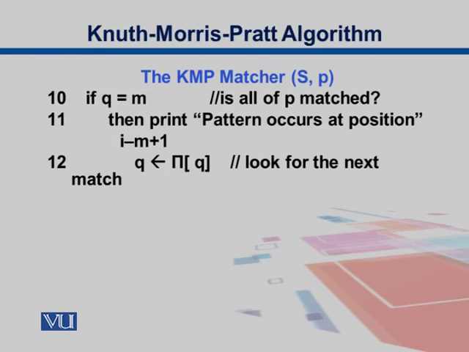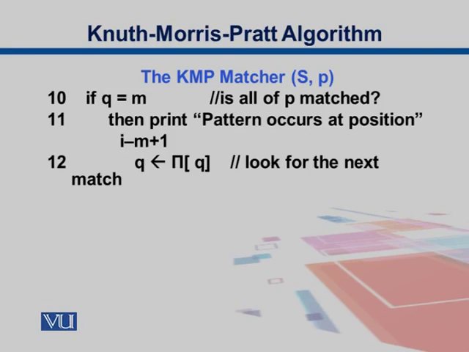That can be calculated as i minus m plus 1, and in q we put pi of q. Then, as I said earlier, q gets reset, and we start moving the pattern again and start looking for the next match.